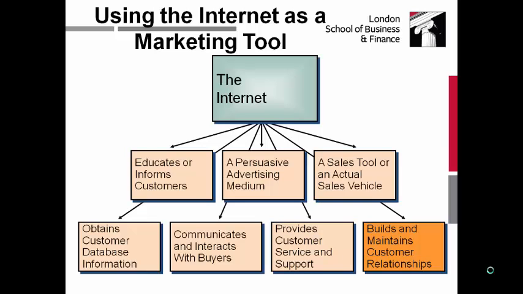And finally, within our spectrum which we are looking into, the internet builds and maintains very effective customer relationships. So if we consider these areas of interest, we can understand that internet is a tool which allows us to be connected with potential and existing buyers and to enhance the experience of individuals and masses.